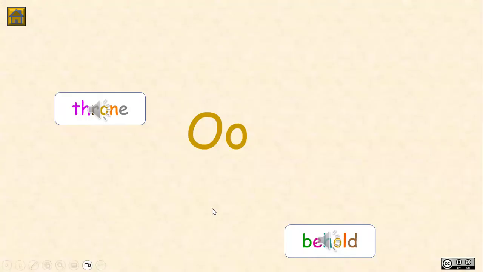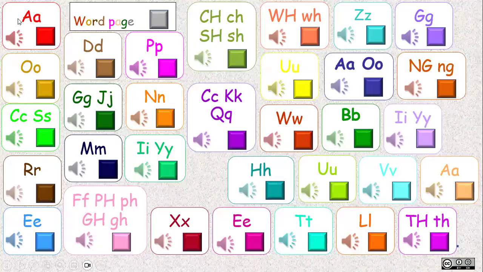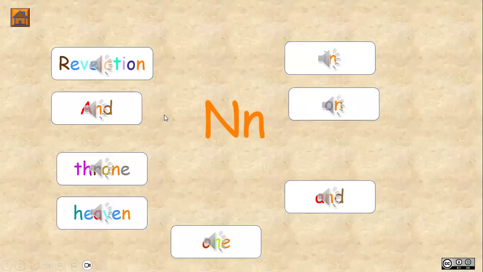The next sound in throne is the N sound. We will find that on the home page. Go to the N brick, the orange brick, and go to the page.